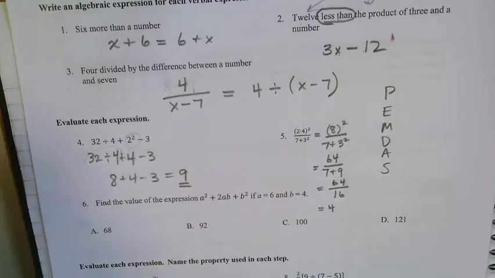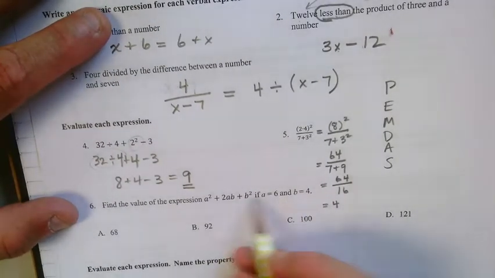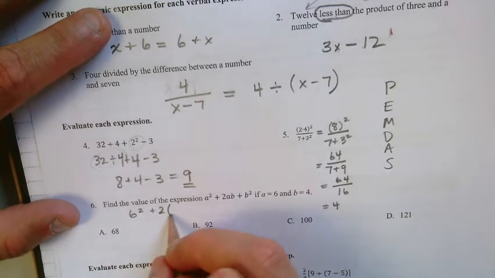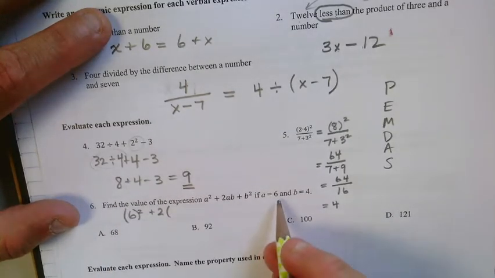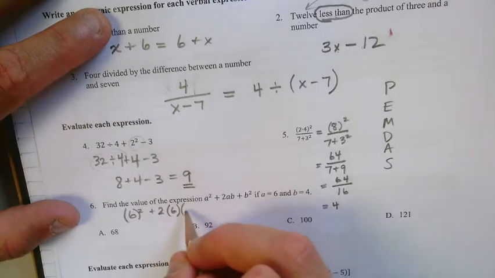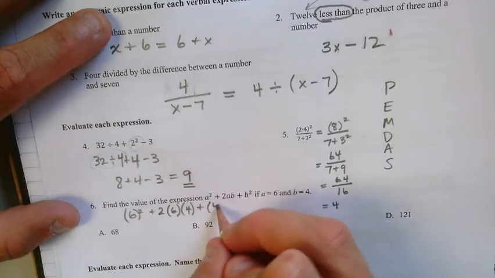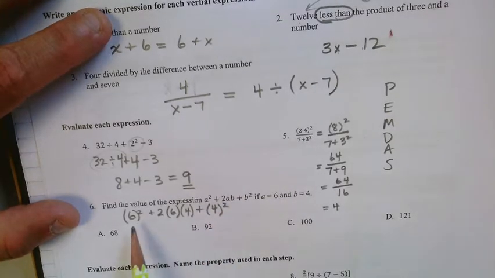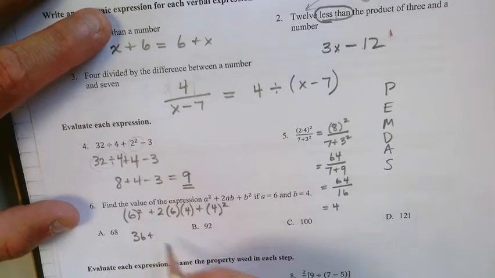For number 6, I'm going to plug in these values for the letters here. So we end up having 6 squared plus 2 times, actually I should put that in parentheses too, plus 2 times 6 times 4 plus b squared, which is 4 squared. Now, I'm going to do the exponents first. 36.